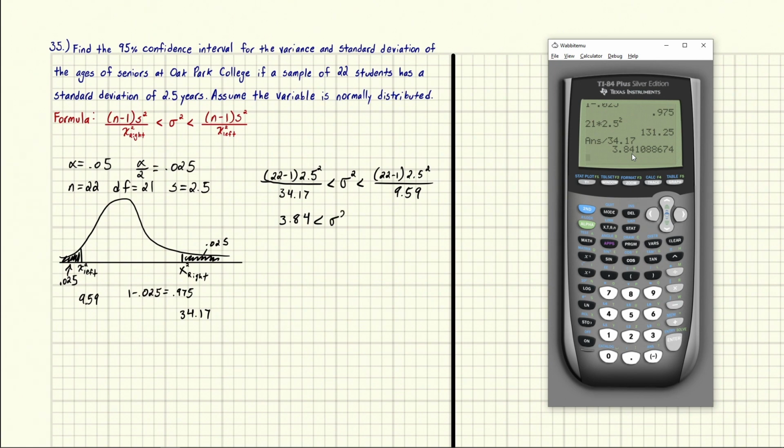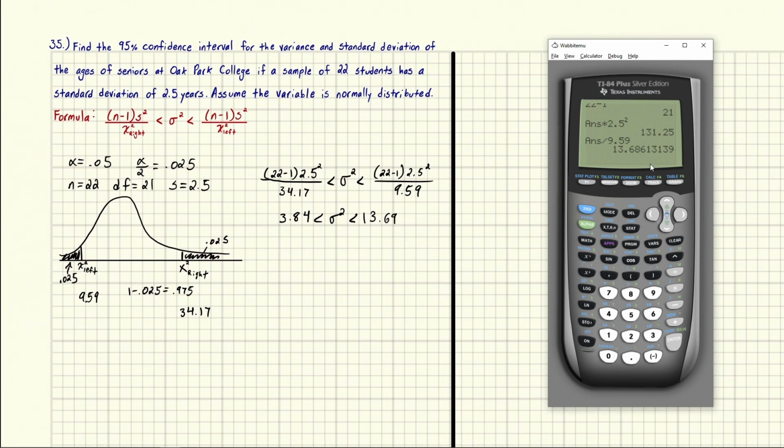And then we have our variance in the middle. And then for this side, that's again 22 minus 1 times 2.5 squared. We get the same number, except now we're going to divide it by 9.59. And we get 13.69 if we round to two places.